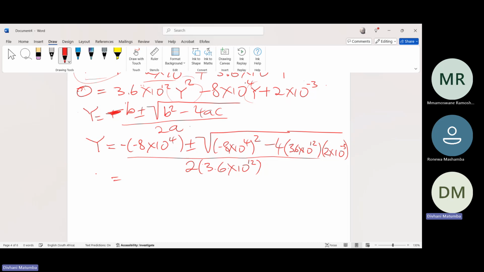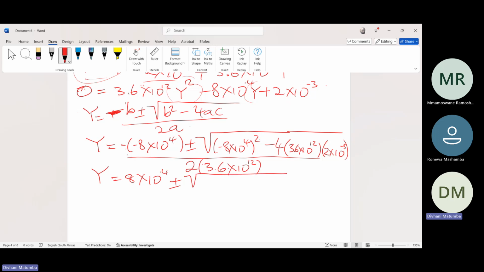Okay, so the value of y is given by, so negative times negative will be positive. It will be 8 times 10 to the power of 4 plus or minus the square root.